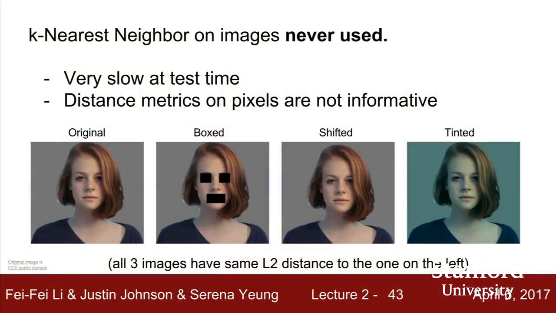That's maybe true for this example, but I think you could also construct examples where we have two original images, and then by putting the boxes in the right places or tinting them, we could cause it to be nearer to pretty much anything that you want, right? Because in this example, we can do arbitrary shifting and tinting to change these distances nearly arbitrarily without changing the perceptual nature of these images. So I think that this could actually screw you up if you have many different original images. Question?